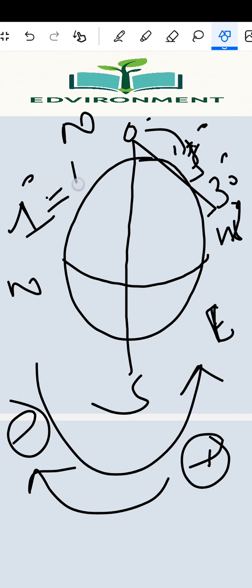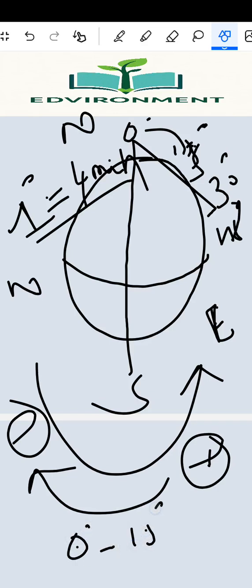Now I said one thing, that one degree is equal to actually 4 minutes. In the sense, you have to multiply and get the answer, and it may be somewhat complicated. So I'll simplify one thing. When you move from 0 degrees to 15 degrees, it is the exact time of 1 hour.